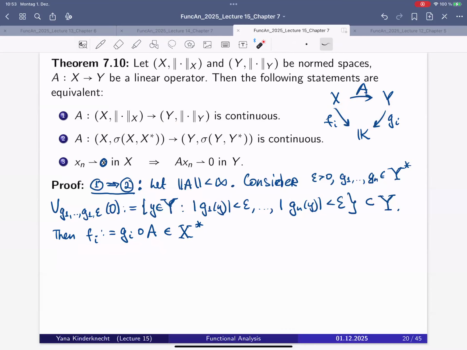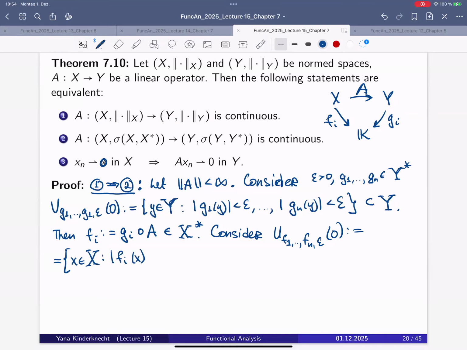Okay, so what we do further, consider another neighborhood of zero, U(f_1, ..., f_n, epsilon), which is given as follows. So now it is a set in X such that the absolute value of f_i(x) is smaller than epsilon for i from 1 till n.